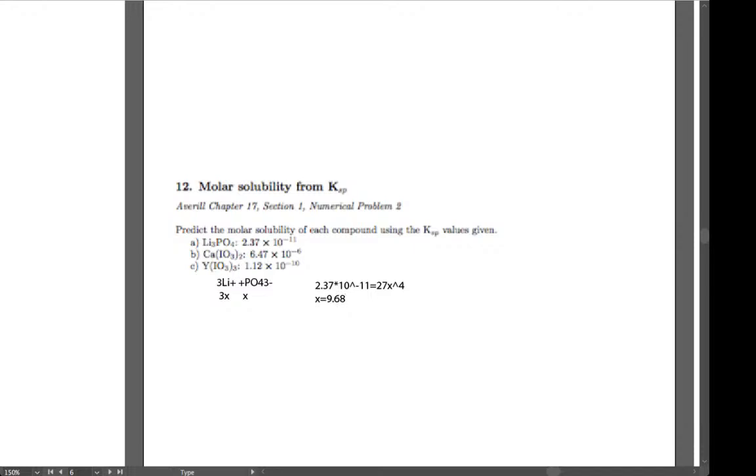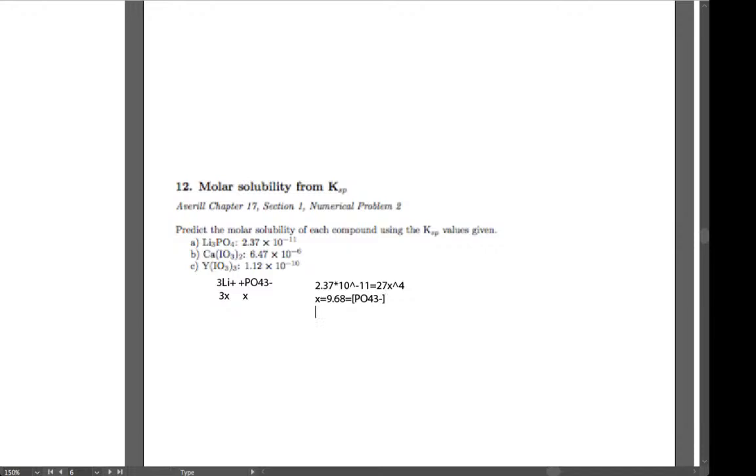And so this would equal the molar solubility of PO4 3 minus, which is basically the concentration of PO4 3 minus. So it's pretty simple.